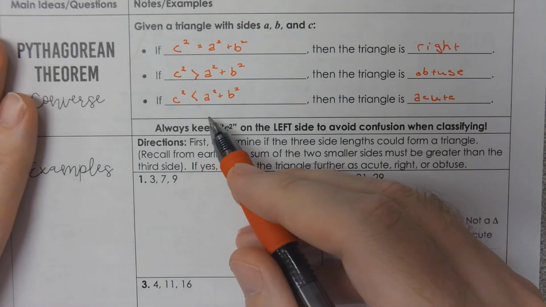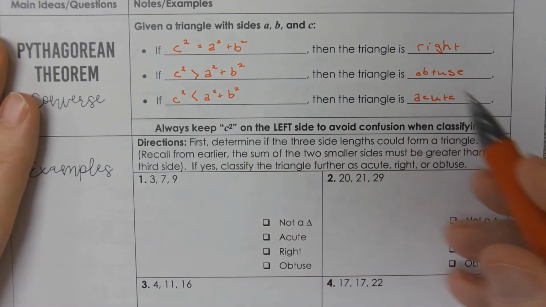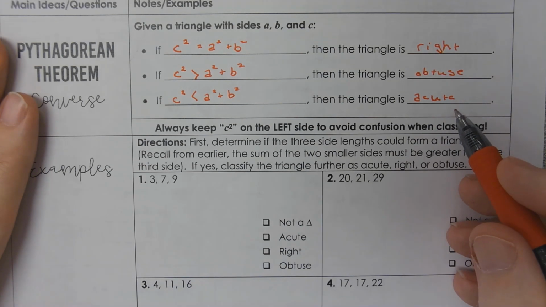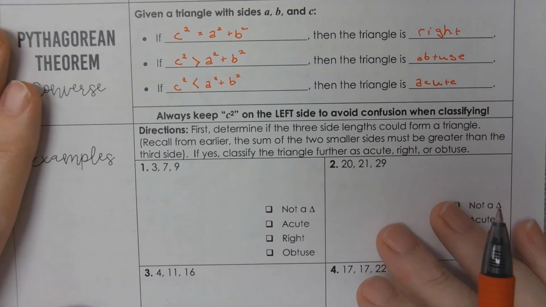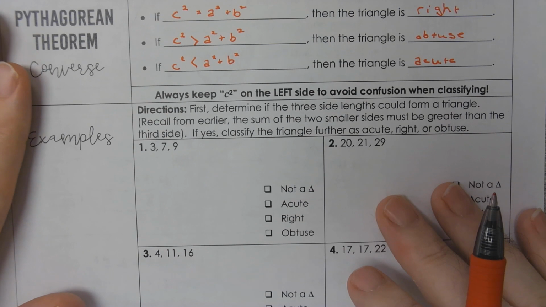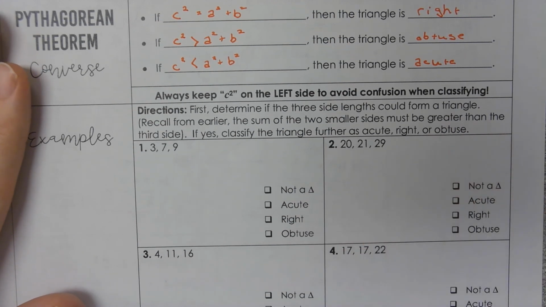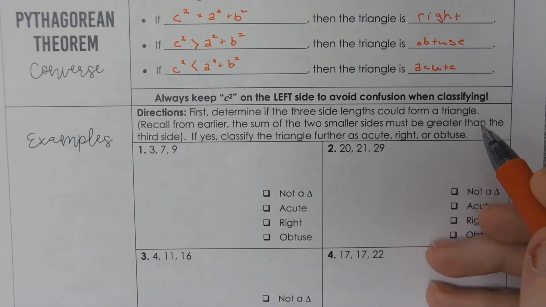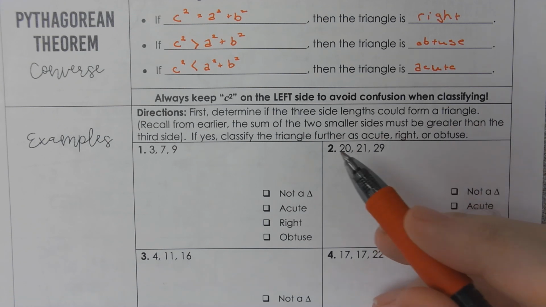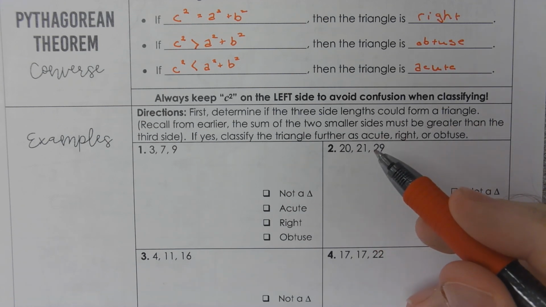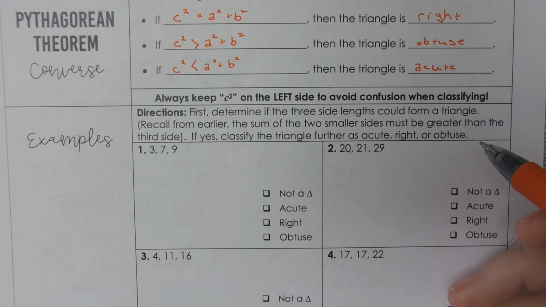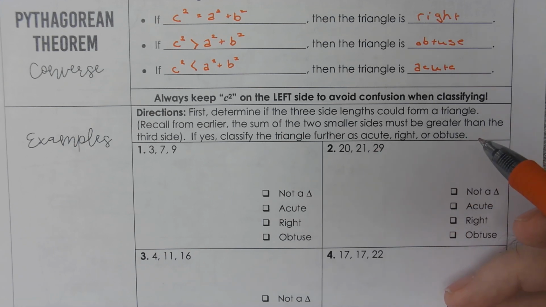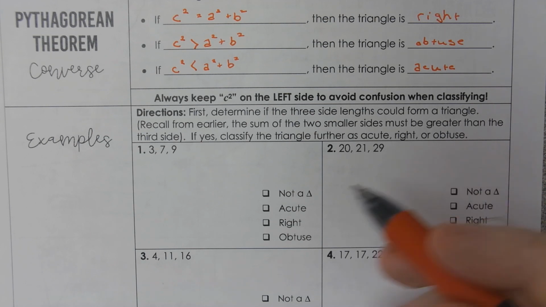And if c squared is less than a squared plus b squared, then it's an acute triangle. So, first thing we have to do is determine if they can form a triangle. Then, if they do, decide what kind of triangle it is.